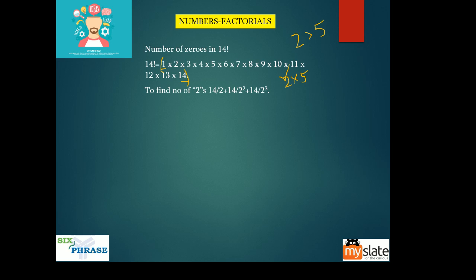So if you find the number of 5's in this 14 factorial, that will tell you the number of zeros. So we'll find the number of 5's. But before that, let's see how to find the number of 2's. Sorry guys. We'll see that first.